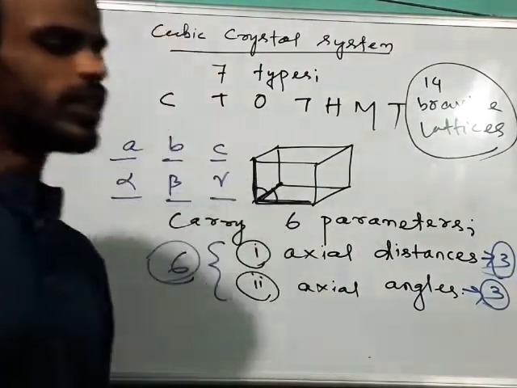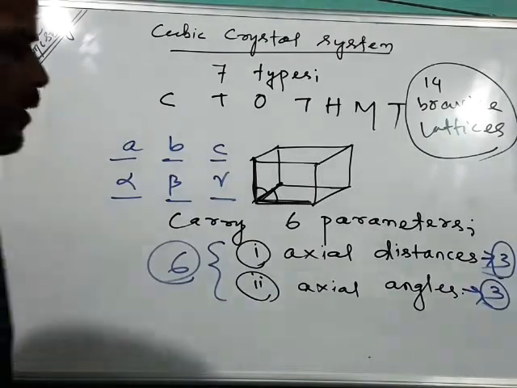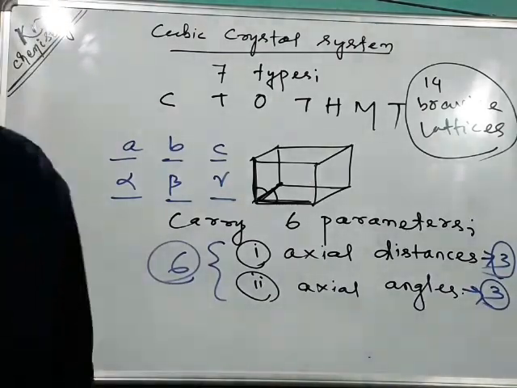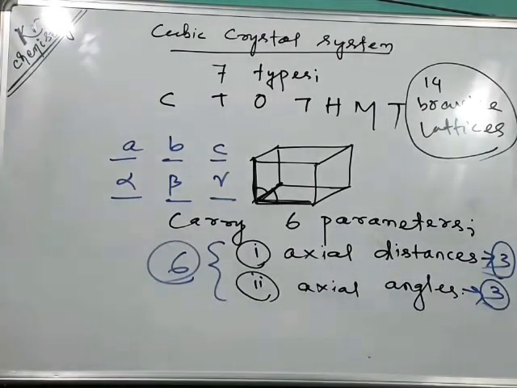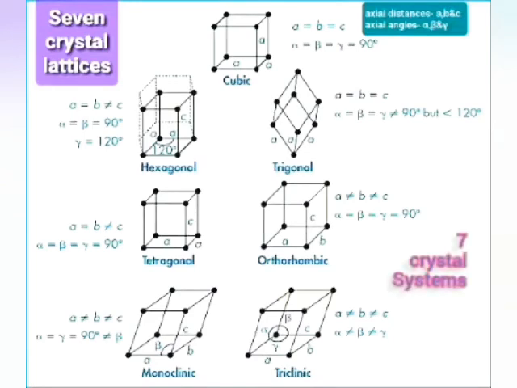Now you see this slide and the chart. See the 7 types of crystal systems in this figure. A, B, C are the 3 axial distances, and alpha, beta, gamma are the 3 angles between them.